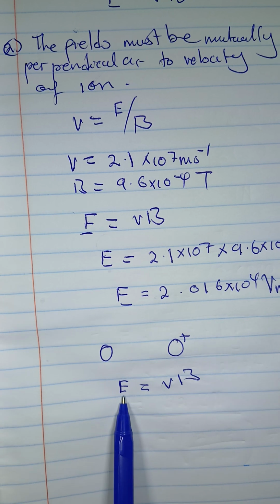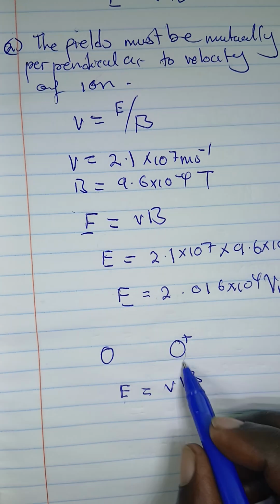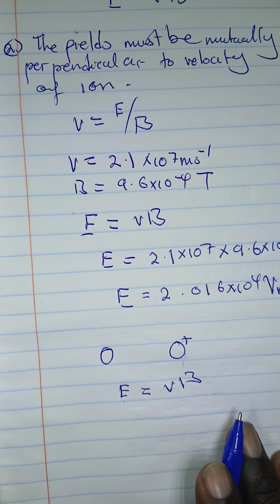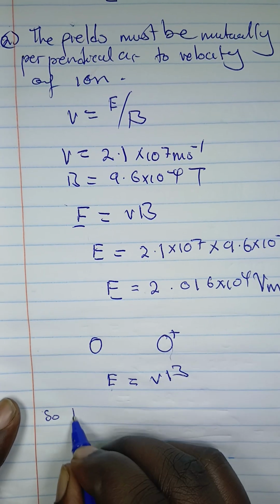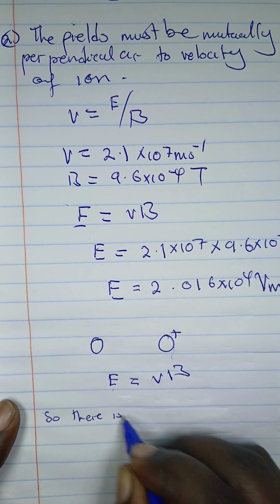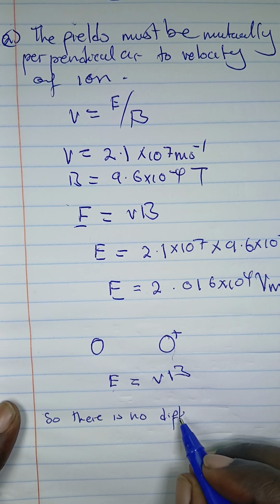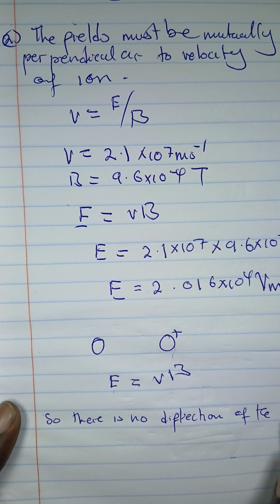So in this case, the electric field didn't change. The magnetic field did not change. So if the electric field and the magnetic field did not change, there is not going to be any deflection. So there is no deflection of the ion.